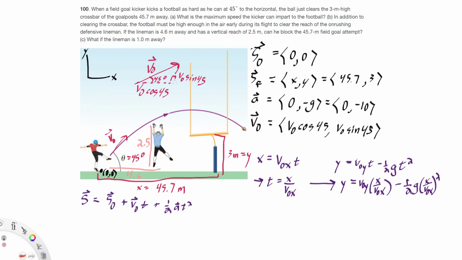Now that we have our V naught from the previous section, we can actually rewrite our equation here.